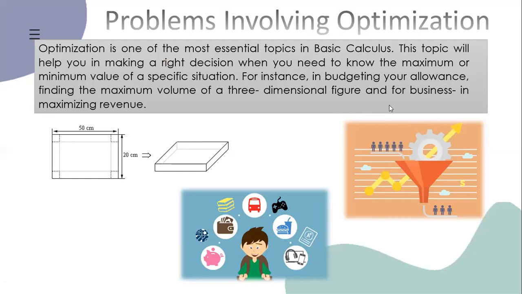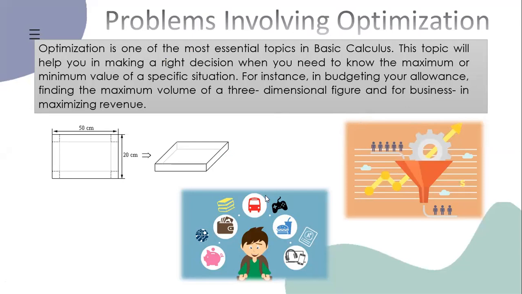Okay. Sir, saan ba natin pwedeng gamitin to? So, bakit natin pinag-aaralan yung extreme value theorem? So, ito po yung answer. Optimization or finding the maximum and minimum is one of the most essential topics in basic calculus. So, this topic will help you in making a right decision when you need to know the maximum or minimum value of a specific function.